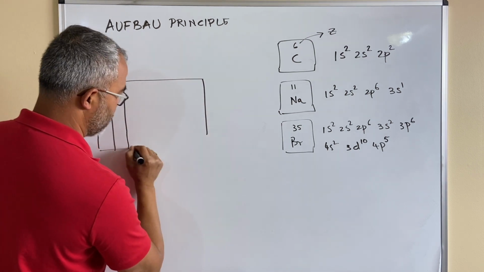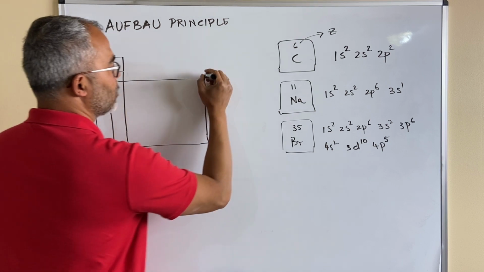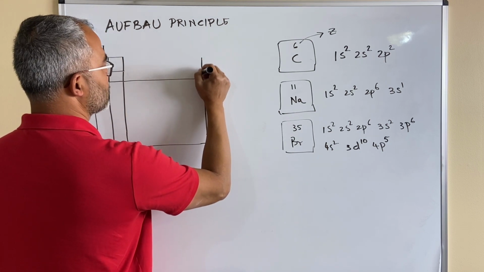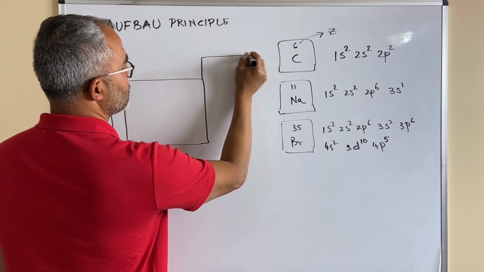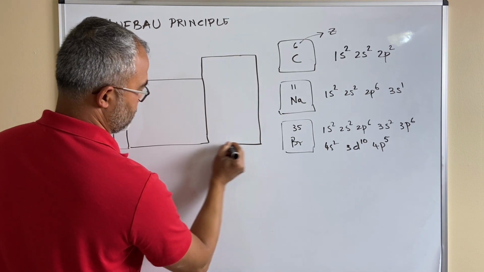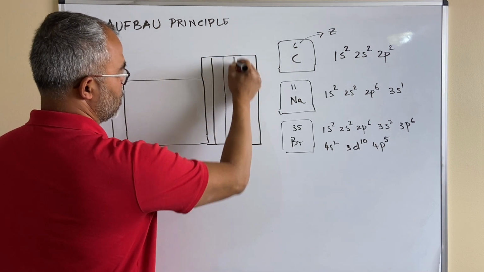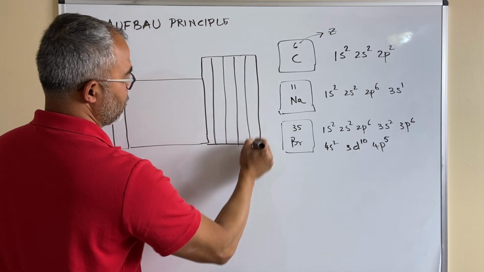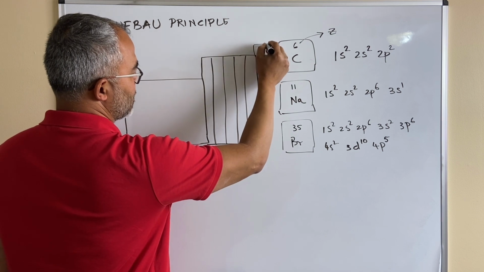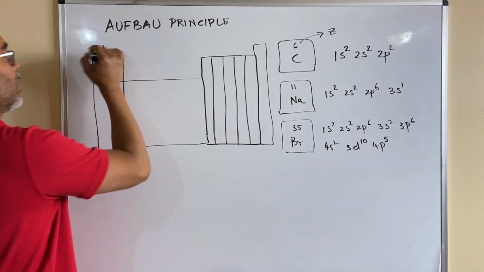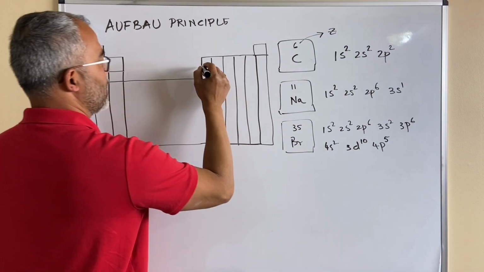Then you have a big block in between, which we don't care about right now. And then you have 1, 2, 3, 4, 5, and a sixth one out here. These are the noble gases. Okay, now let's fill that up.